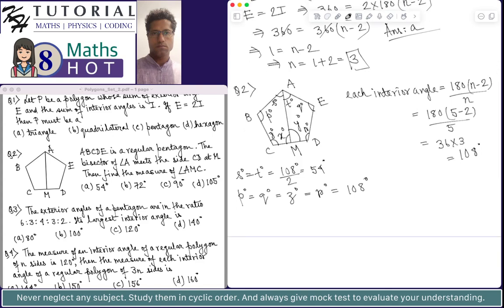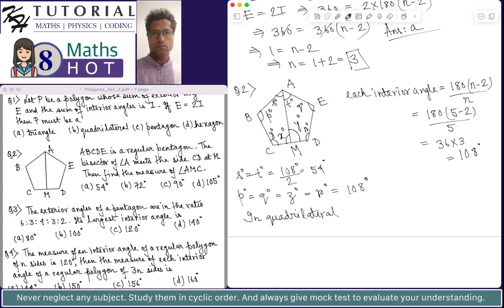Okay. Now we have to find x. Remember that we have to find x. Now consider the quadrilateral ABCM. We know that in a quadrilateral the sum of all the interior angles is equal to 360 degree.